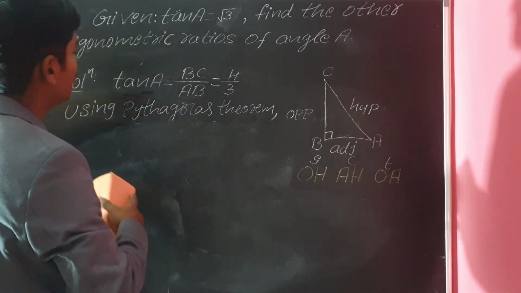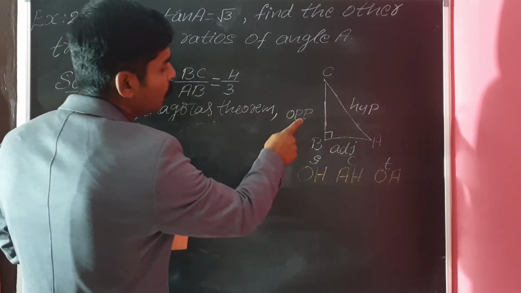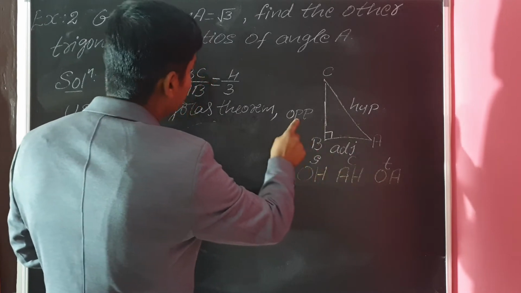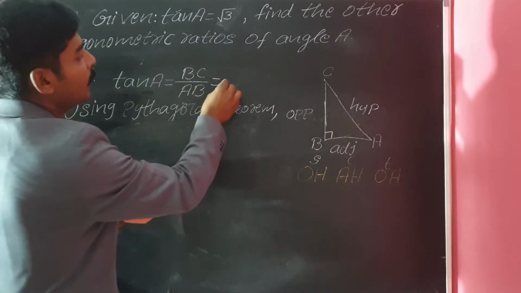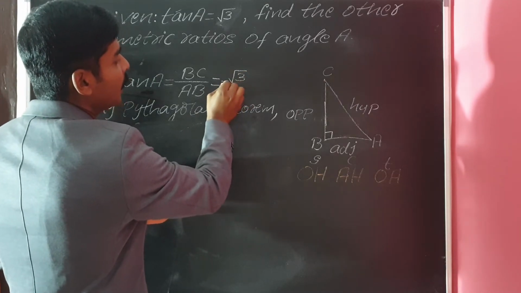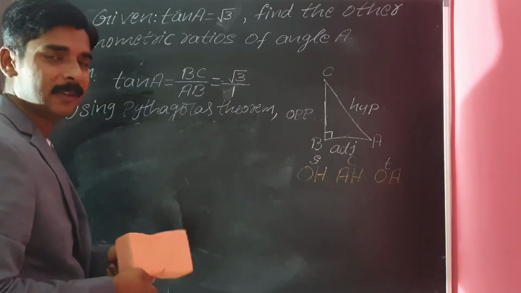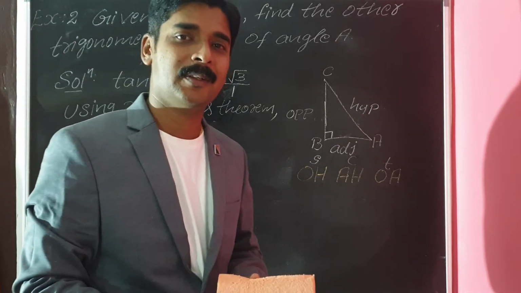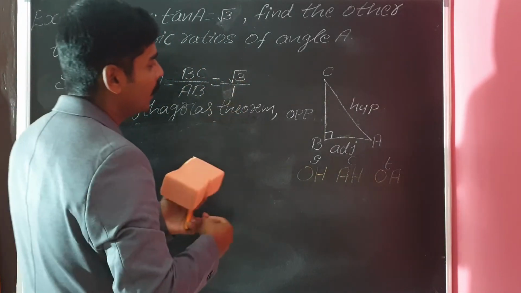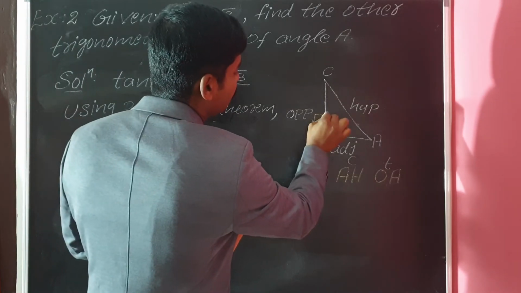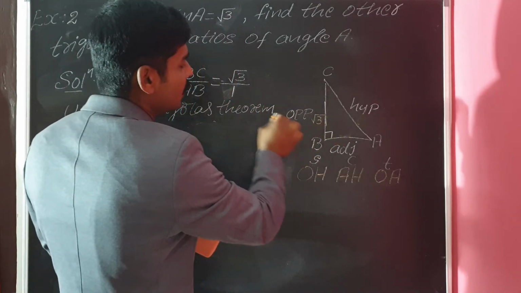Now what is tan A? Tan A is opposite side by adjacent side, so BC by AB, and it is given that tan A is equal to root 3. We can write root 3 as root 3 by 1. From this you come to know that BC is root 3, AB is 1.